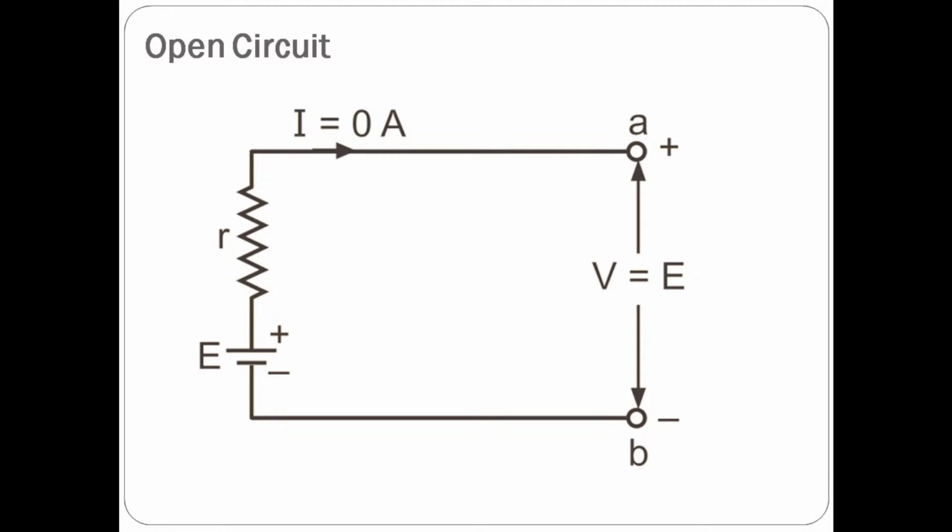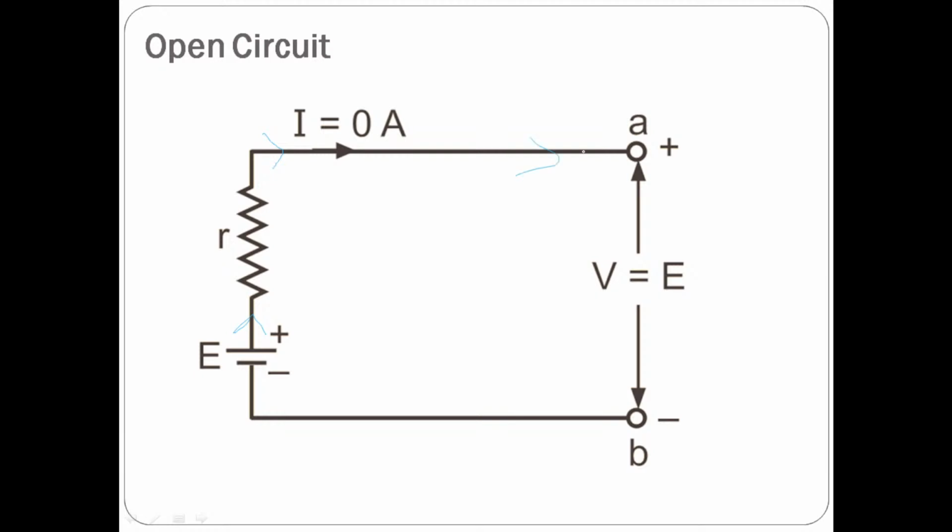From wherever it starts its journey, it must return back to that terminal. So I will take a pointer. From the positive terminal, current starts to flow, it will flow like this up to this terminal.